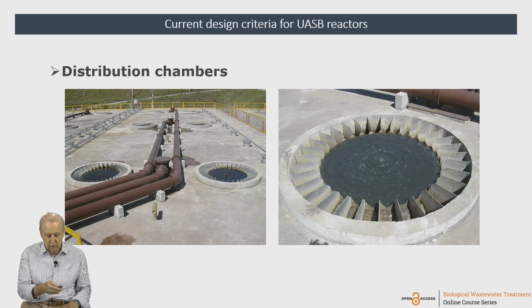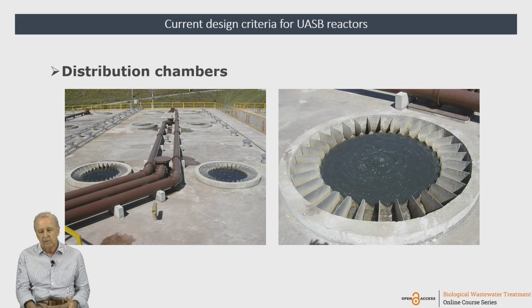operator to do the operation activities that are necessary, especially to unblock these distribution chambers that tend to block, especially if the preliminary treatment unit is not a good one.